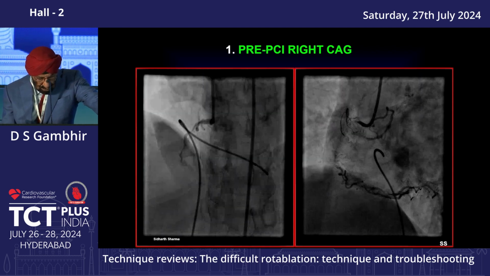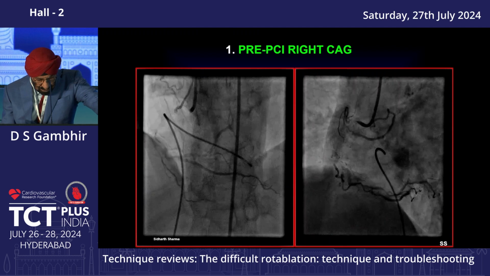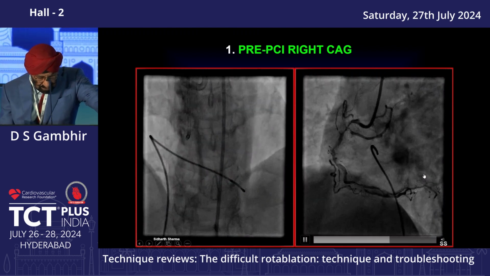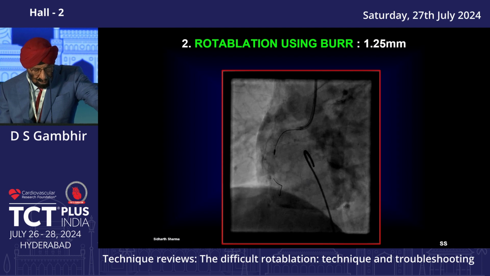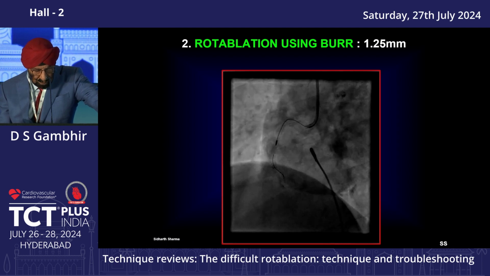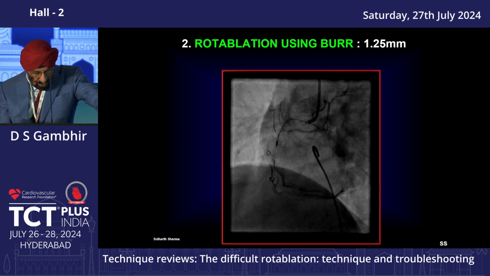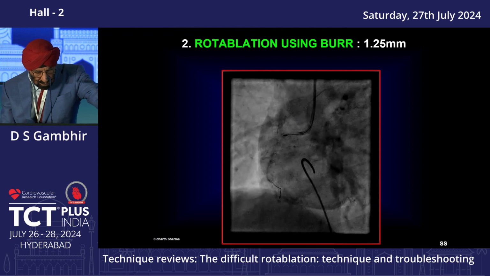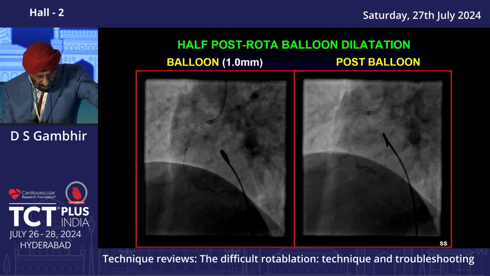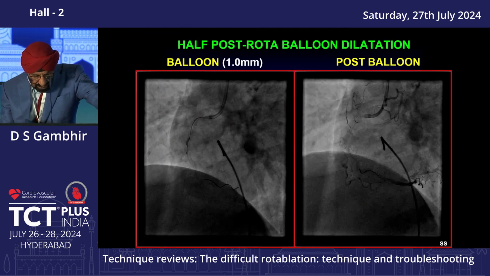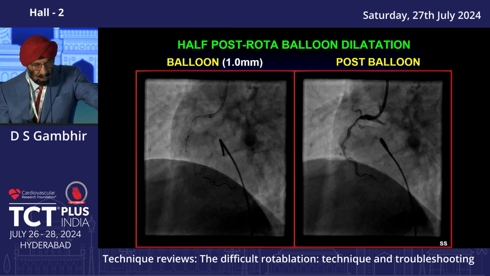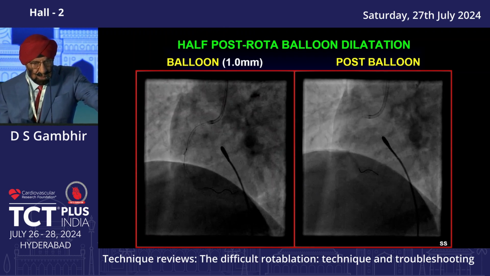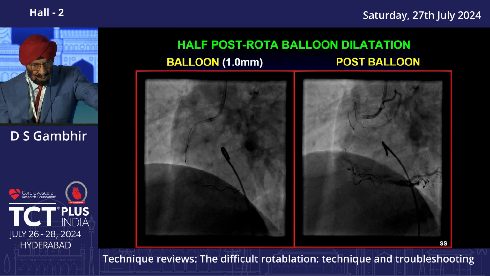So we took a first Judkins catheter, but that did not help. Then we took an Emplas guiding catheter, and now the burr doesn't go through the proximal part. It just entered into the proximal part but would not go. Everything came out. We changed to an Emplas guiding catheter. By this time, we thought, let's try a balloon now, because we have entered into the proximal part of the stenotic segment.